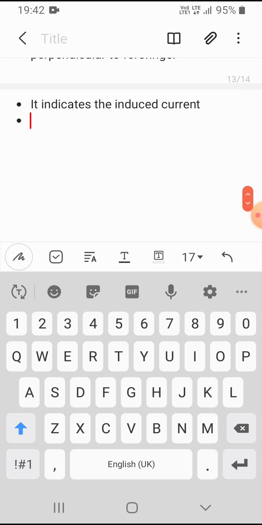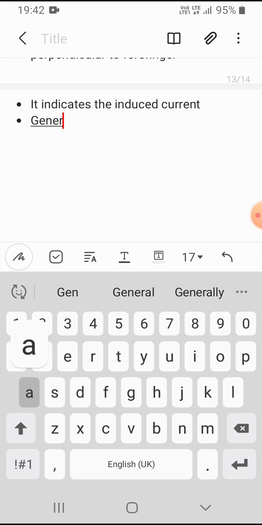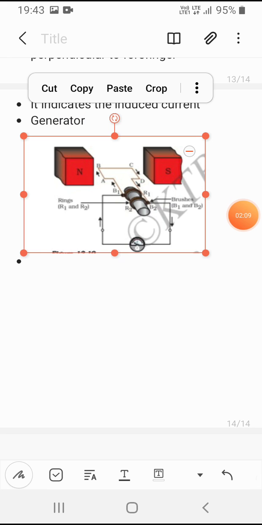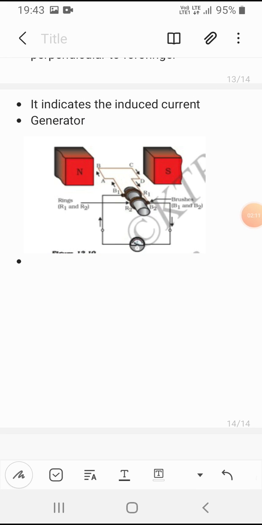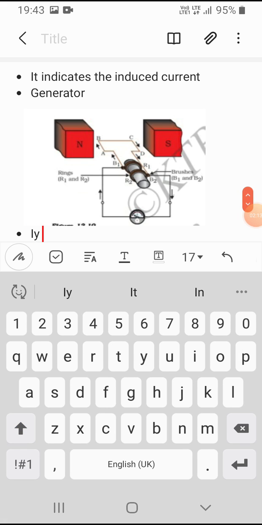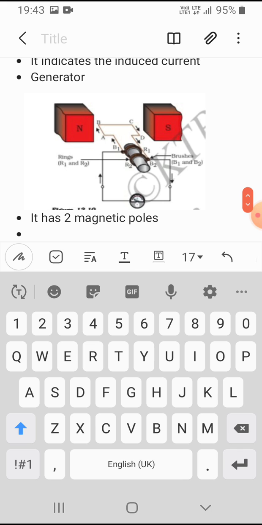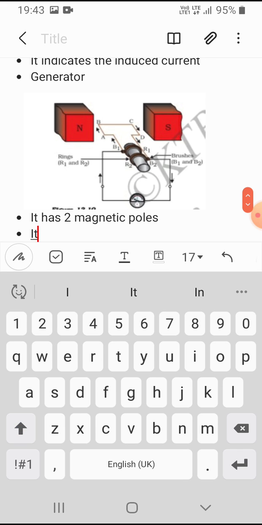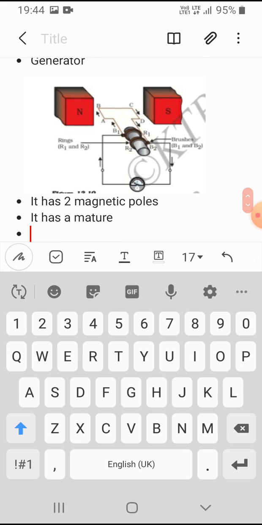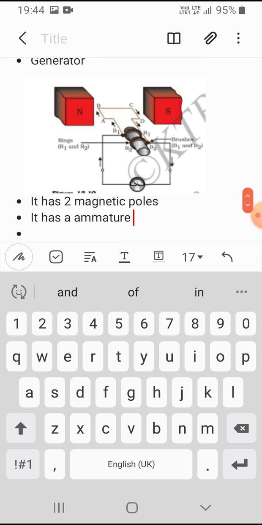So next let's come to the generator, how a generator works. This is the photo of a generator. It has two magnetic poles, and it has the armature, as the motor also has.